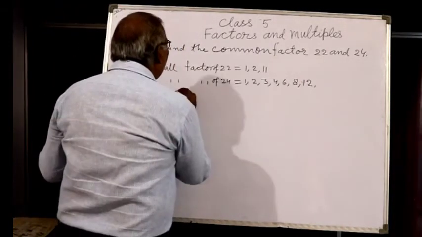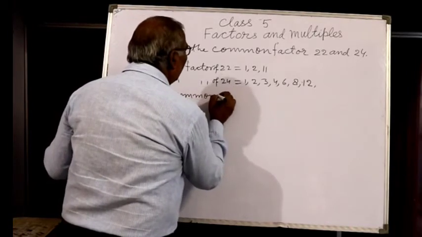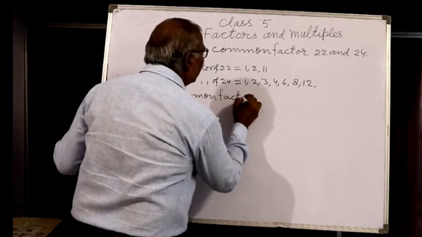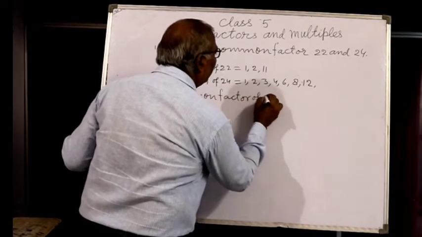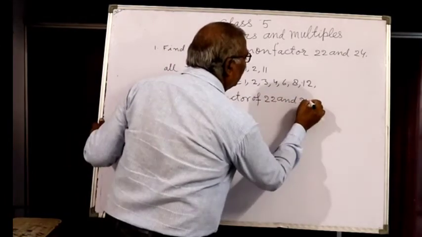Now, how will you find the common factors of 22 and 24?